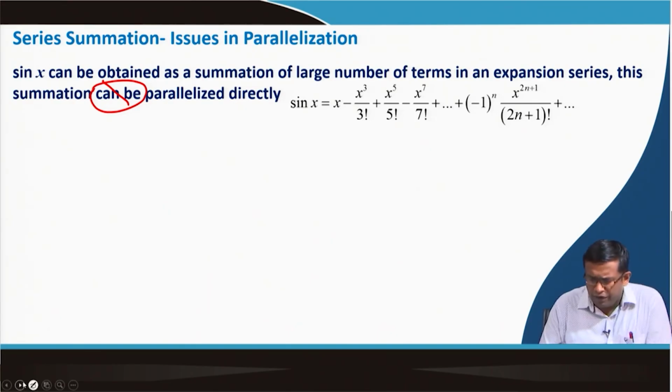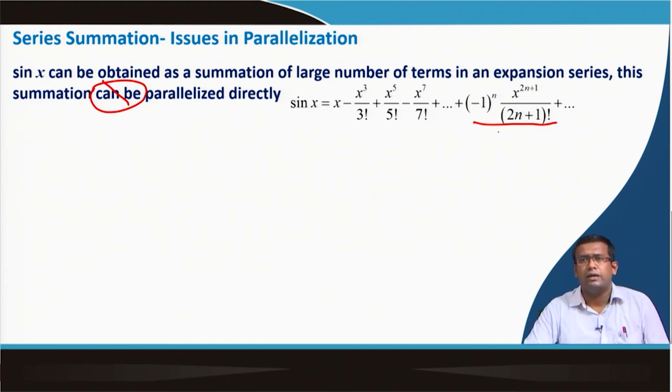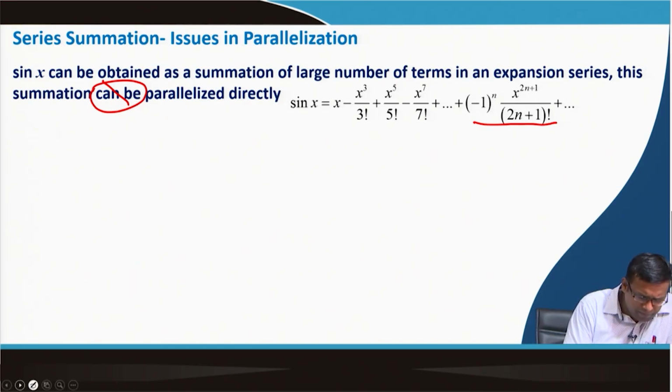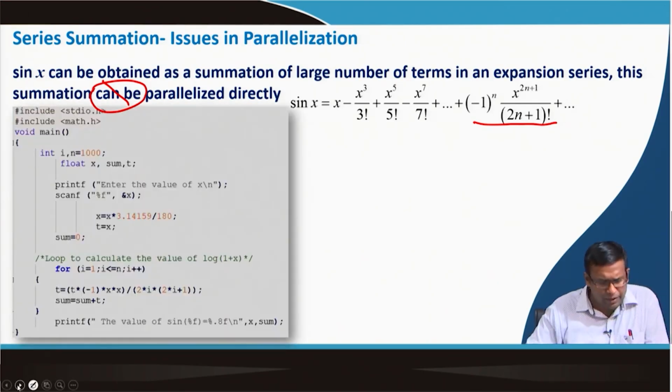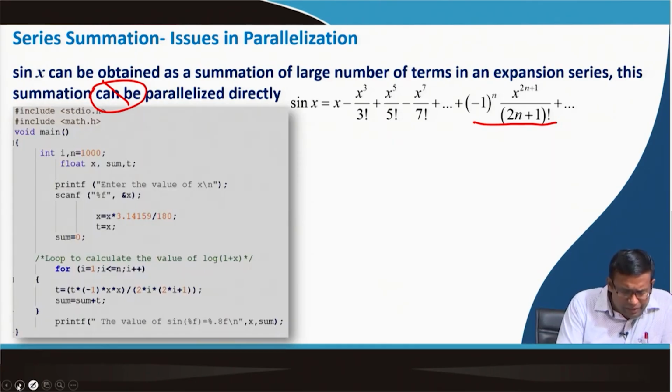Why is it so? We can understand that if I look into the sine series, it involves a calculation of a factorial. How do we calculate factorial? We calculate factorial through a reduction operation. So, if we look into the program, the for loop for calculating the sum of the series requires, for each term, the last updated value of t.